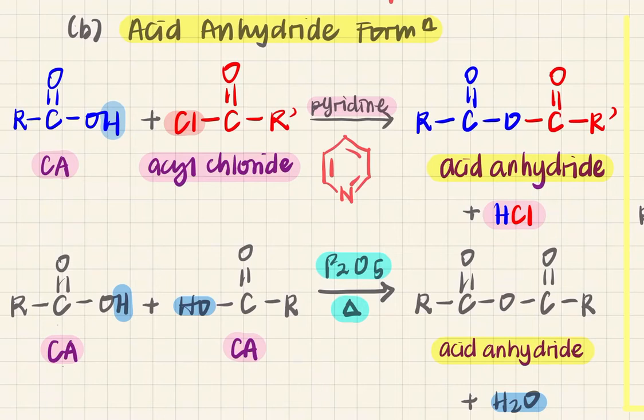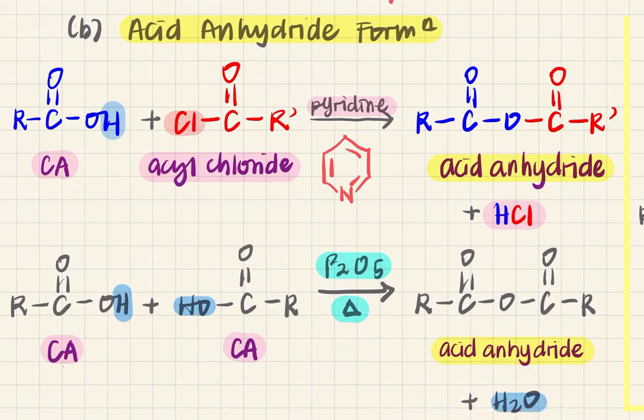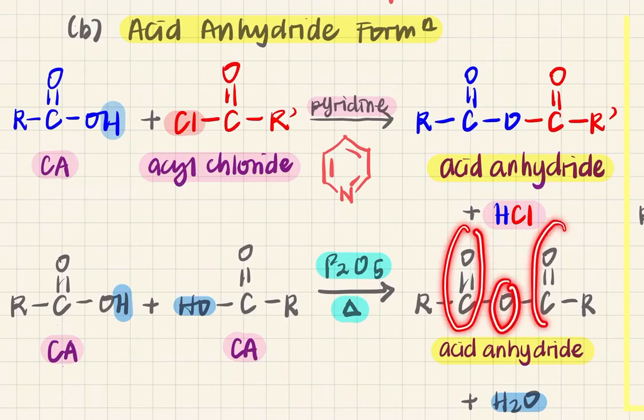Okay, when you use carboxylic acid reacting with each other, you will remove water. So you will remove H from one of the carboxyl groups and you will remove OH from the other one. Okay, so lepas tu nanti dia akan just sambung je lah. Yang ni pun tadi disambung je. Okay. So ingatlah acid anhydride tu awak ada carbonyl, oksigen, carbonyl.